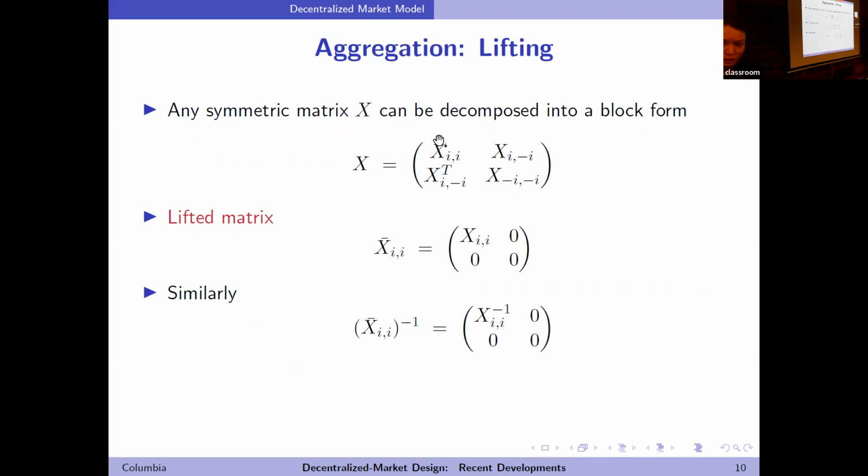These are the exchanges in which trader I does not participate, and X_I,-I is just a rectangular block. For any matrix X_II living on the assets traded by agent I, we can define a lifted matrix that lives on all assets traded in all exchanges.